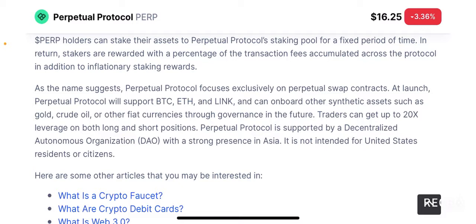So this paragraph also provides a little more information about what PERP holders will benefit from. They will be able to stake their assets on the platform for a fixed period of time in return for rewards, right? And this reward includes two types of rewards. The first is a portion of the transaction fees happening on the platform itself, and they also get inflationary staking rewards.